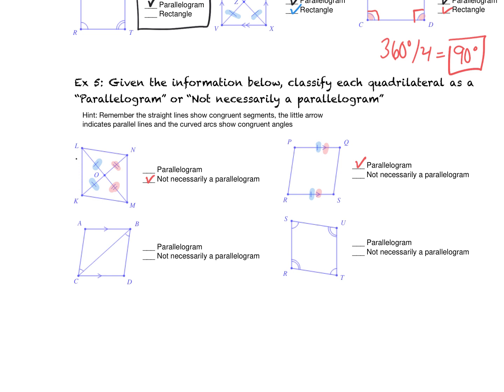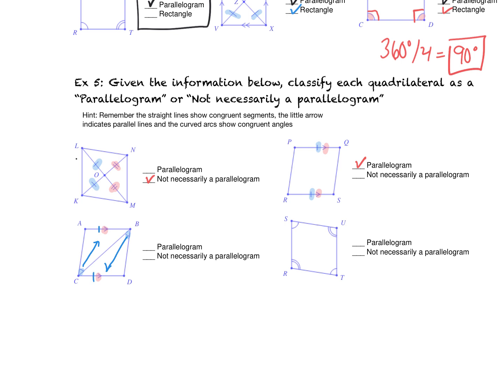Then, if you look at your next picture, notice that we have a couple of markings here. We have that these two sides are parallel. We also have that these two angles are congruent. But remember, when you have angles that are congruent, the side across from it is also congruent.